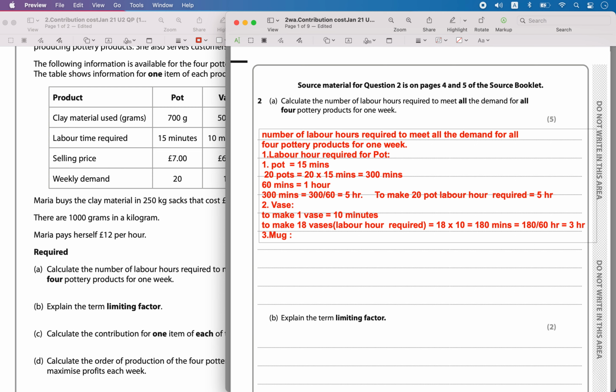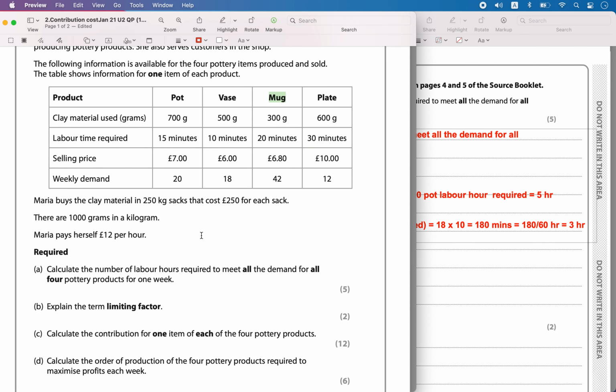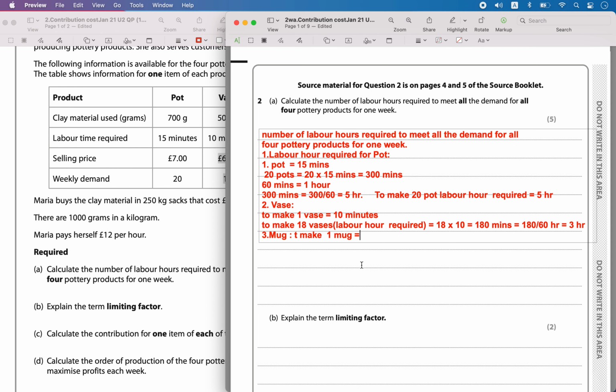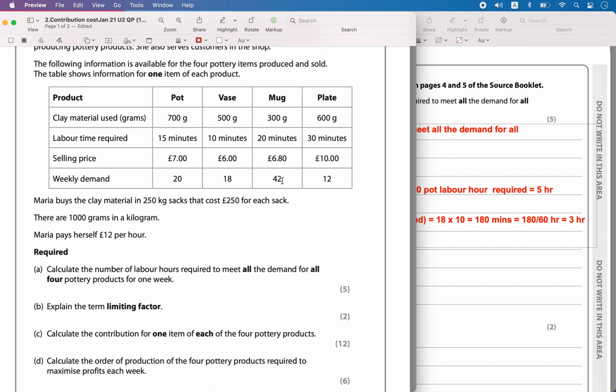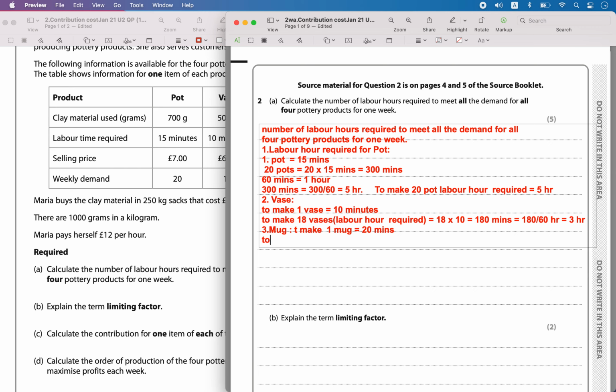Next is the mug. To make one mug she takes 20 minutes, and the weekly demand is 42 mugs. So to make 42 mugs, she will require 42 into 20 minutes, which is equal to 840 minutes.